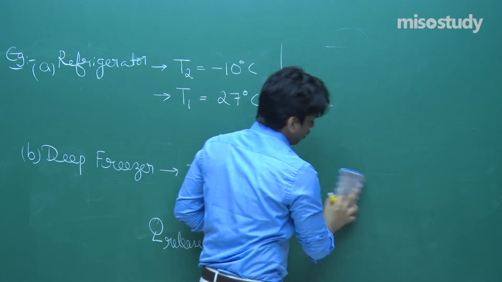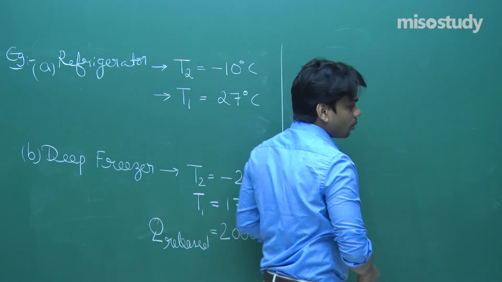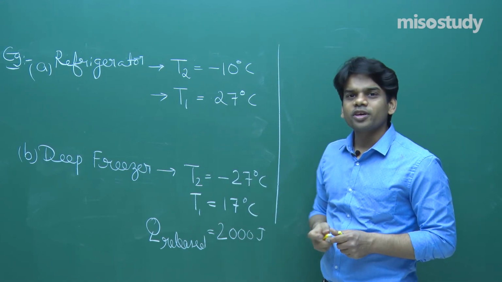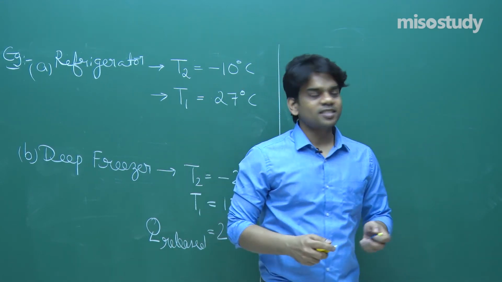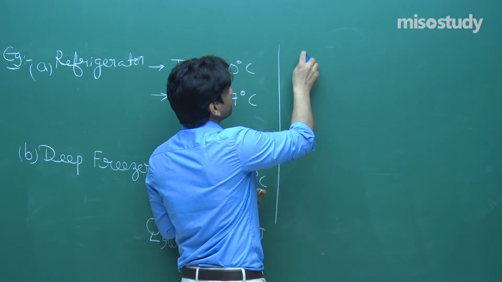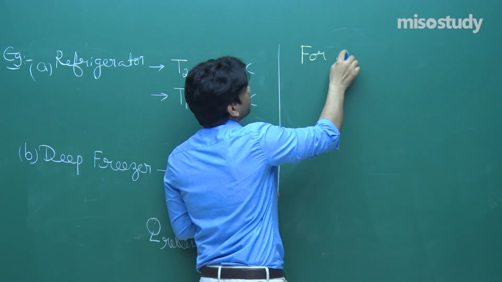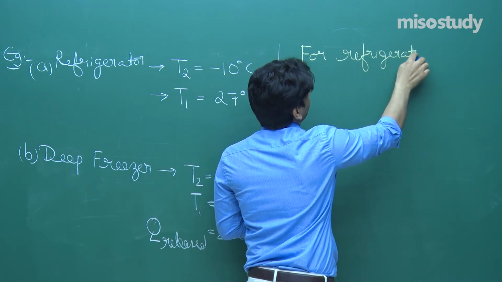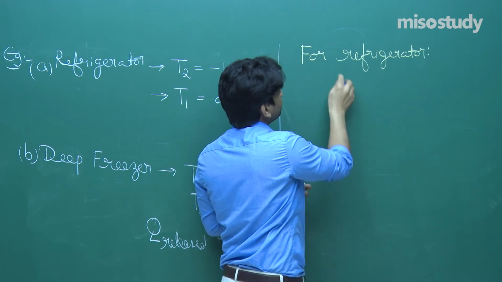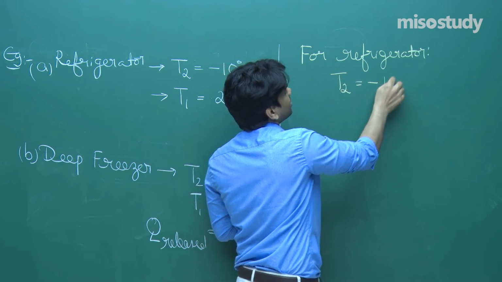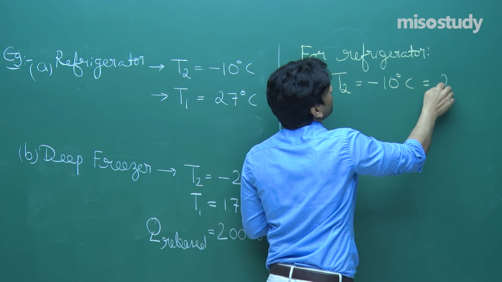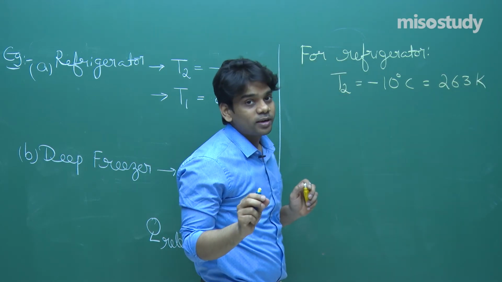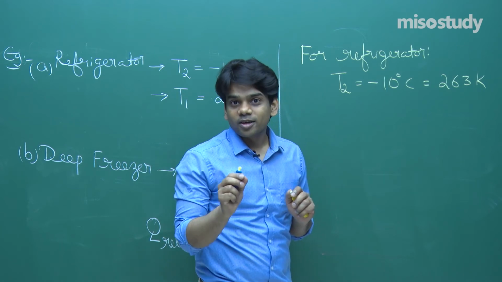If it is asked to compare the efficiency, easily we can solve this. Already you are having the formula of the efficiency for each of the refrigerator and deep freezer. You see minus 10 degrees Celsius for refrigerator. For the refrigerator, the temperature T2, we have minus 10 degrees Celsius, can be written as 263 Kelvin, because whatever calculation you are required to do, you do it in terms of Kelvin.